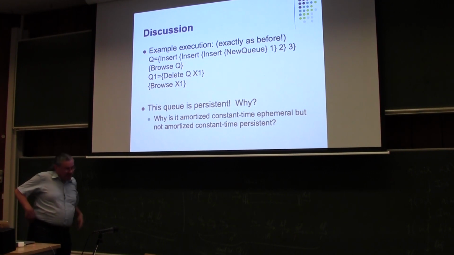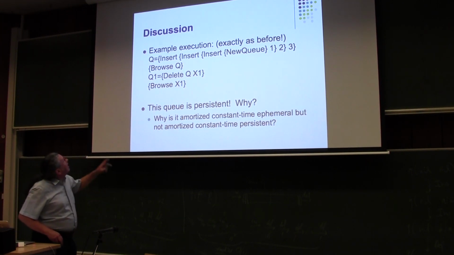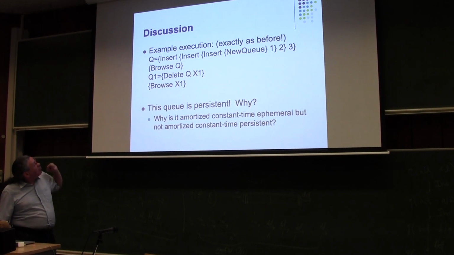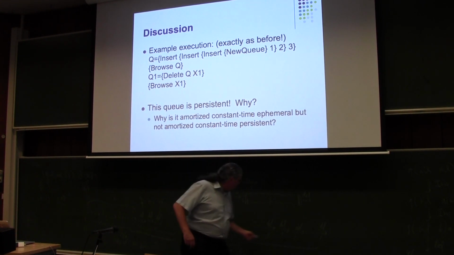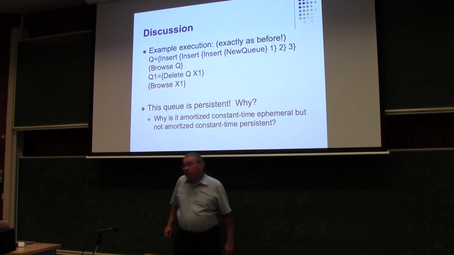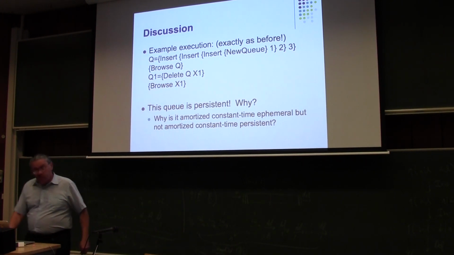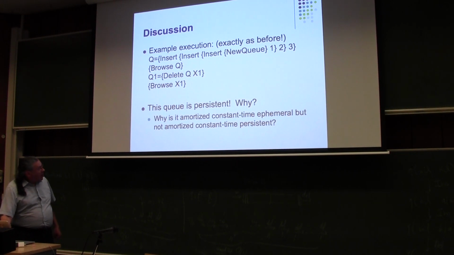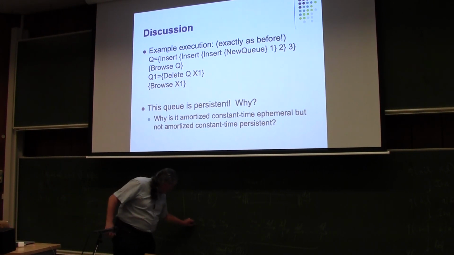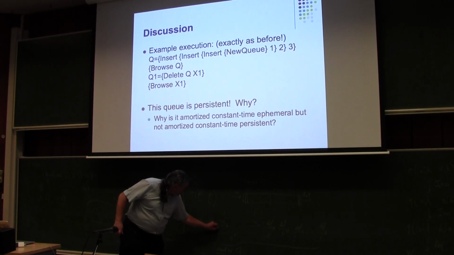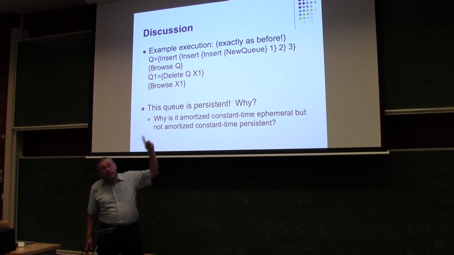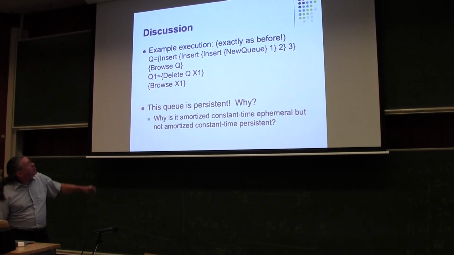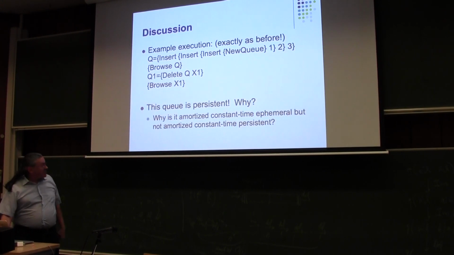Now, a question for you. This guy is amortized constant time ephemeral, because if I use it in an ephemeral way, that means there's only one version, then it will be amortized constant time. But the old queues are still there, of course. They don't go away. So I could actually use this code in a persistent way.